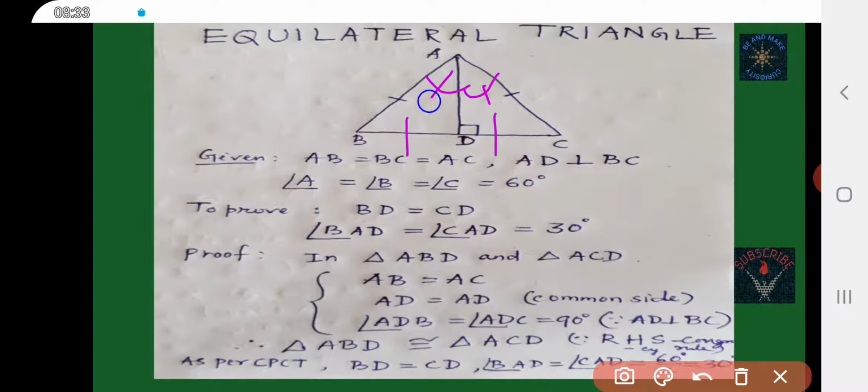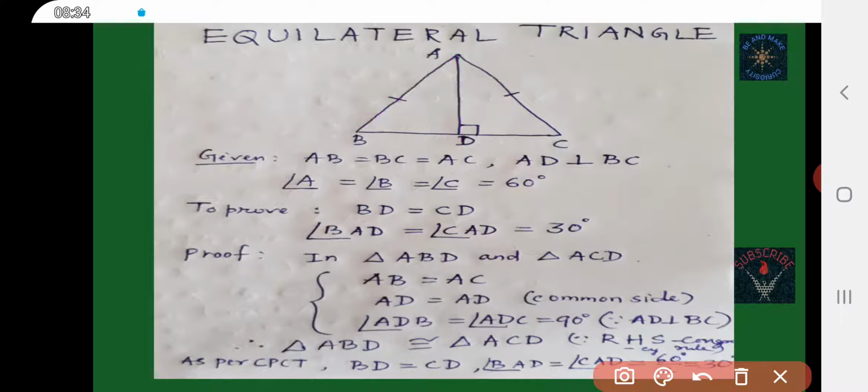You know that angle A is equal to 60 degree. Then angle BAD is 30 degree, and this angle also 30 degree.